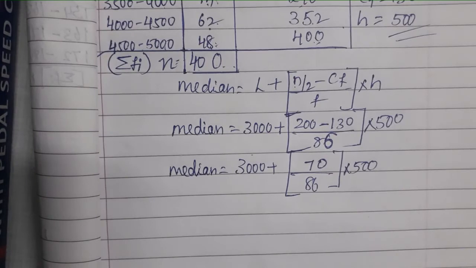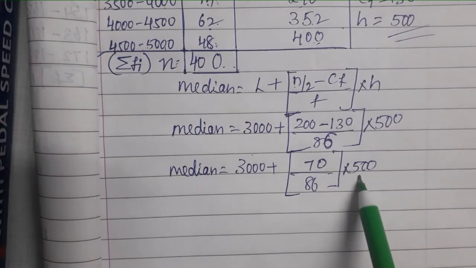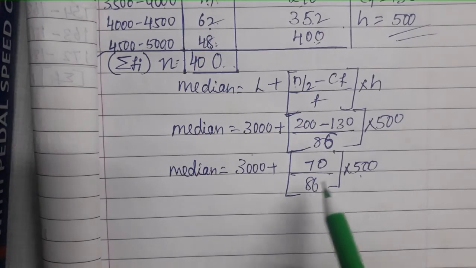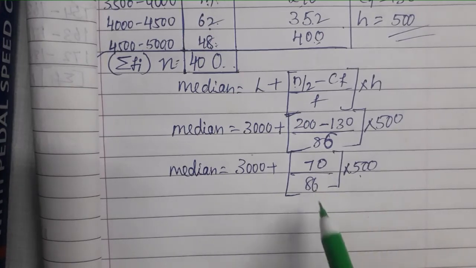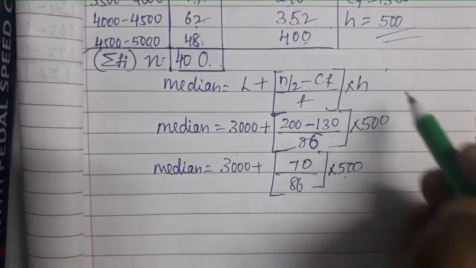So if anything is possible to simplify, you can simplify. I think 2 ones are tables you can use. Otherwise, you divide this and multiply by 500. From here onwards, it is all left to you. So here 70 by 86 I have. So I'll use a rough paper to calculate. I'll use this as working column.